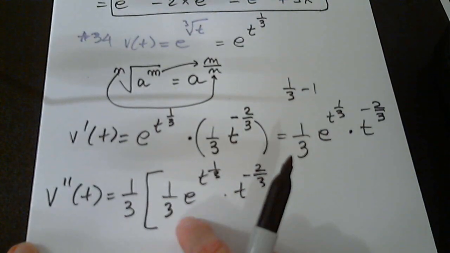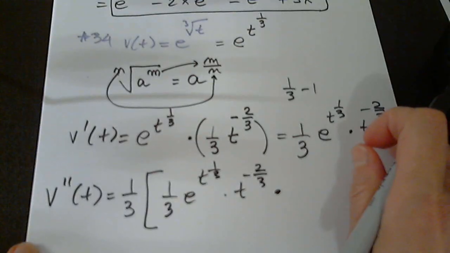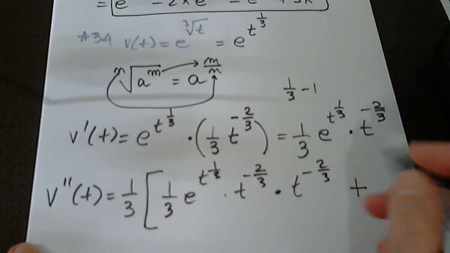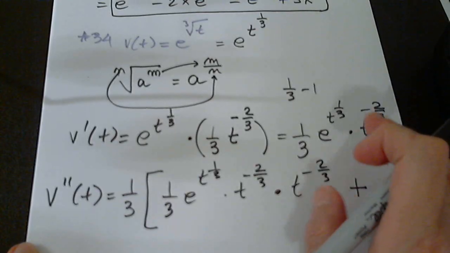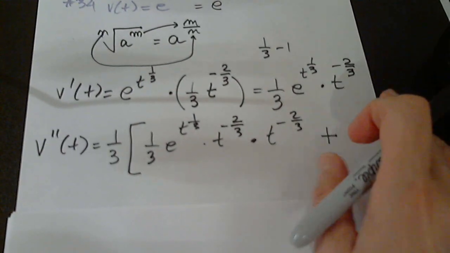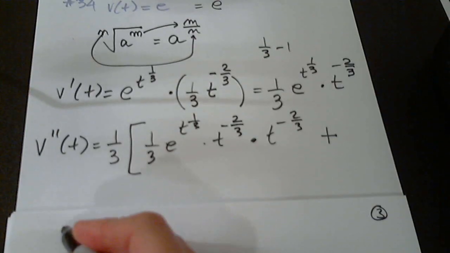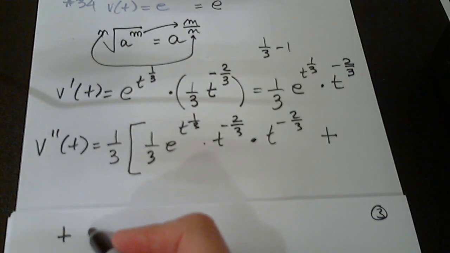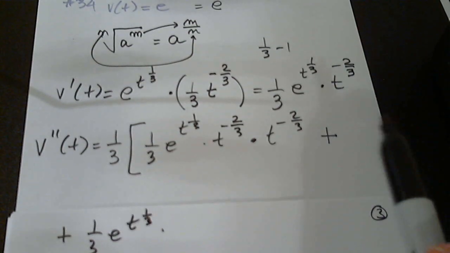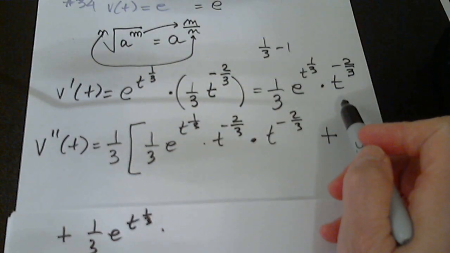The first function prime times the second function, plus because it's a product, plus the first function, which is 1/3 e to t to 1/3 times the second function prime.